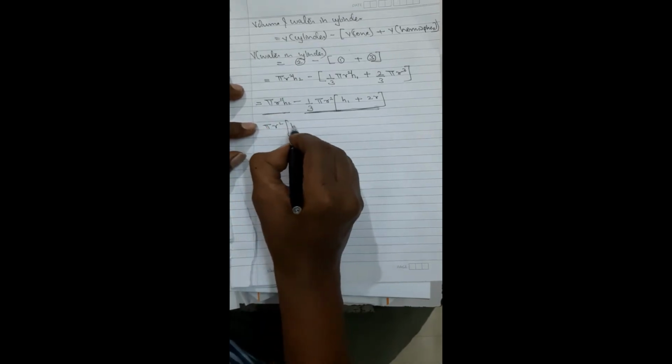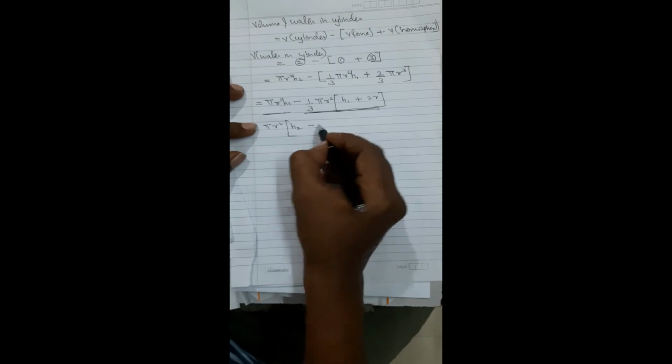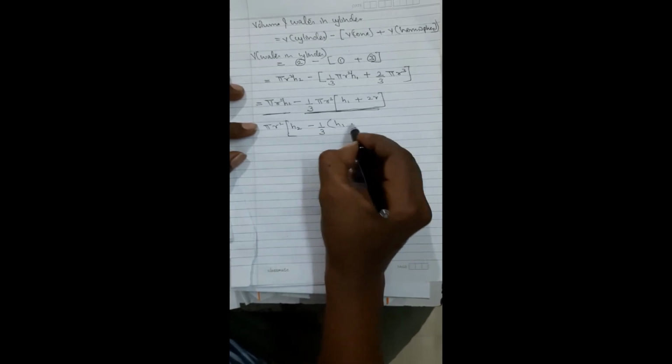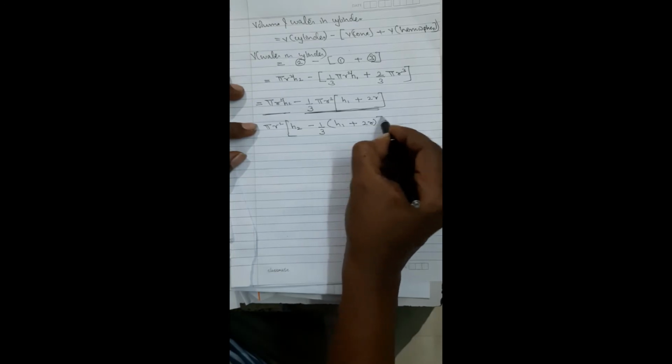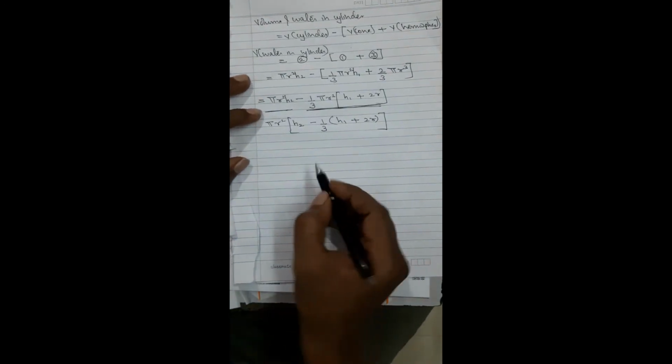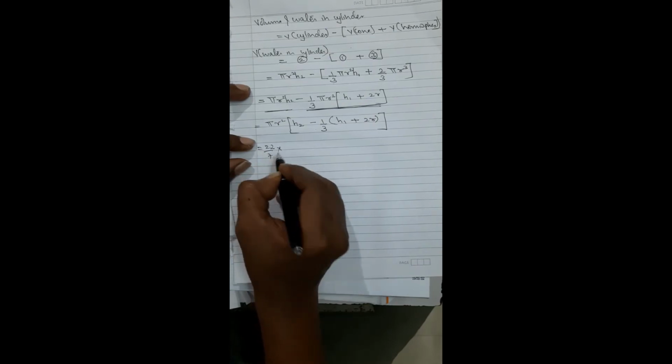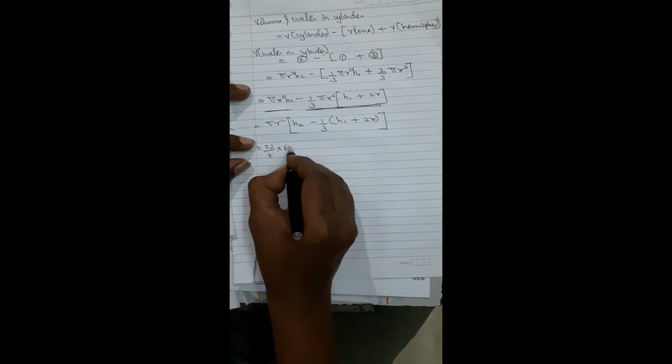Pi r square has gone outside, inside h2 minus 1 upon 3 pi r square has gone outside. What stays over here is h1 plus 2r. This has become so easy now, but definitely still it is 22 upon 7 r square. R is 60 square.